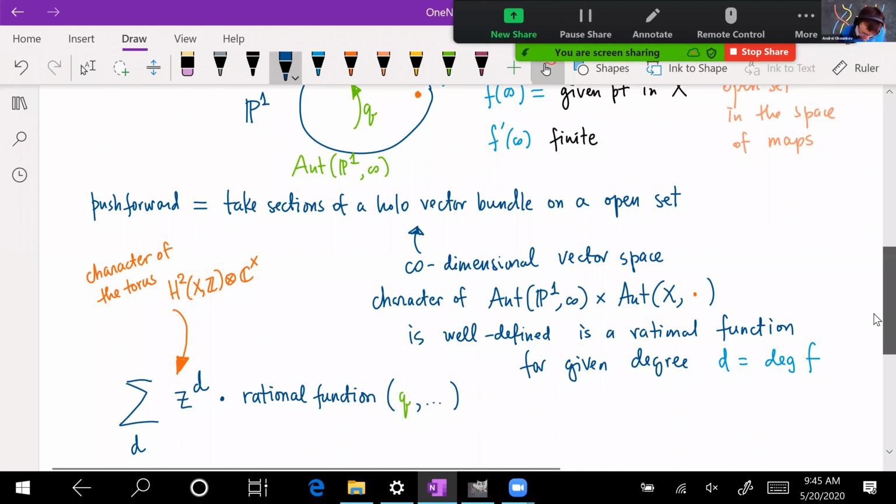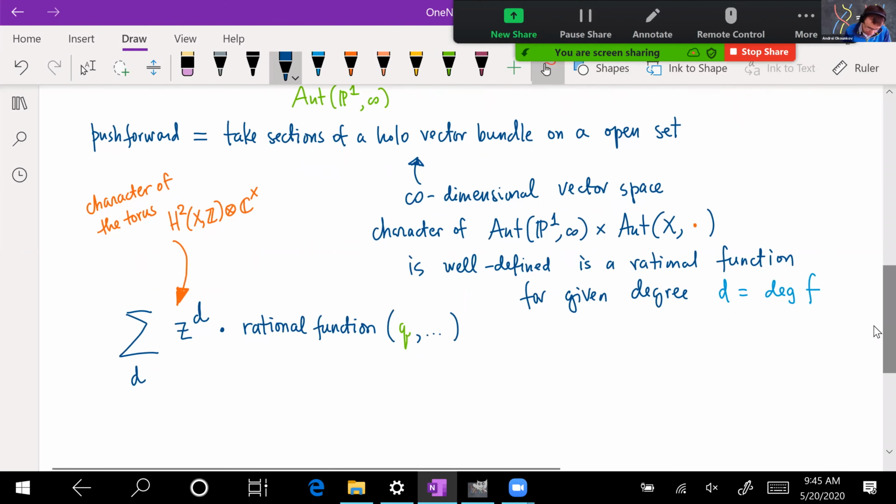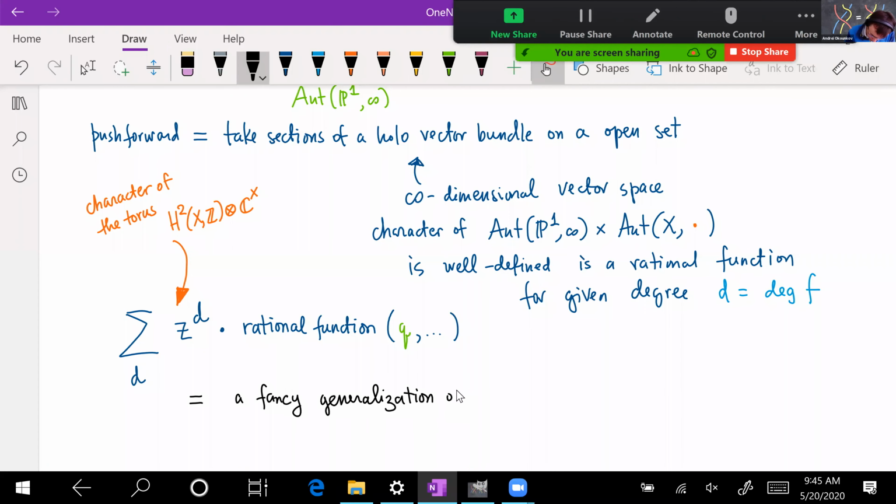Very generally, this rational function will be some fancy generalization of the Q hypergeometric function.